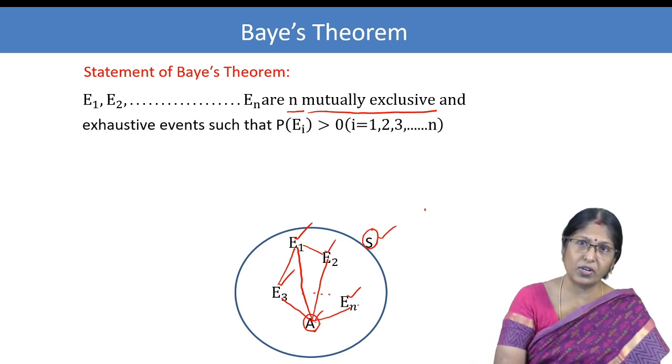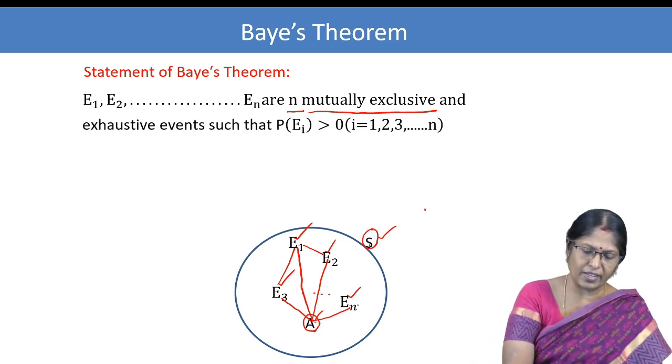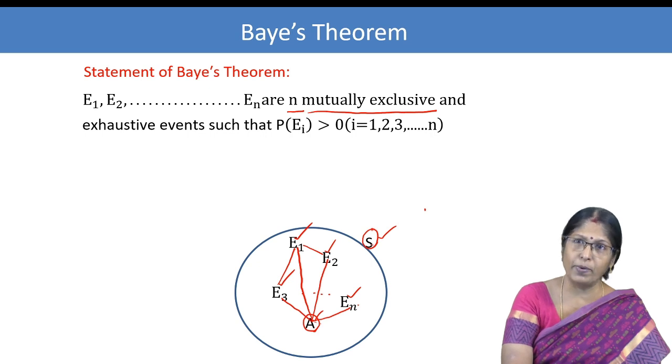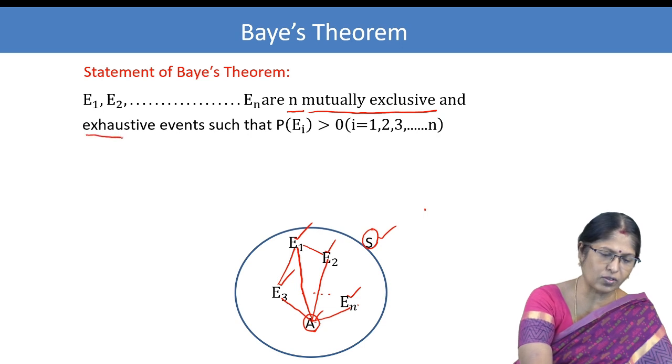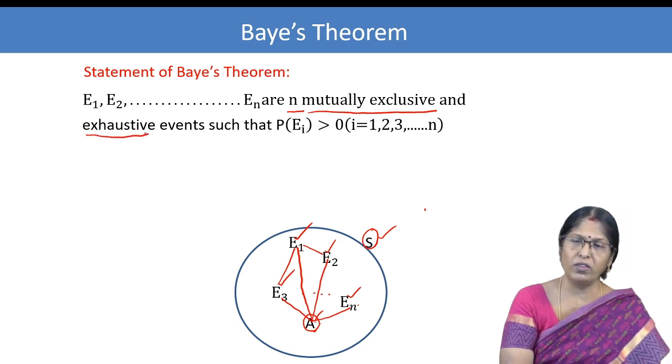And exhaustive events. That is, this entire S, the sample space, contains E1, E2 up to En events. That is the reason they are exhaustive events; all the events are in the sample space.